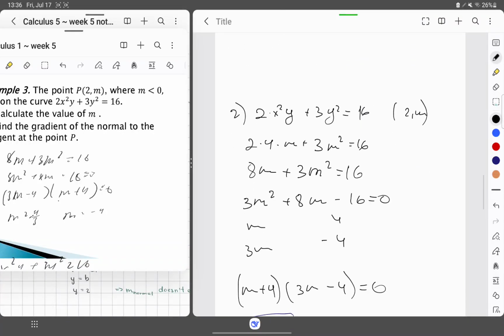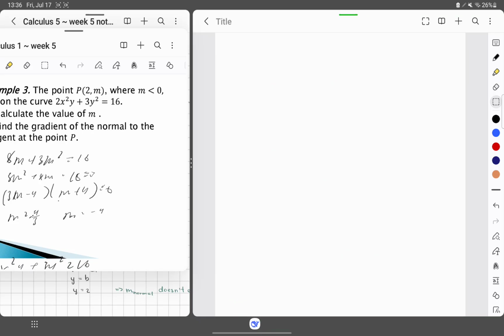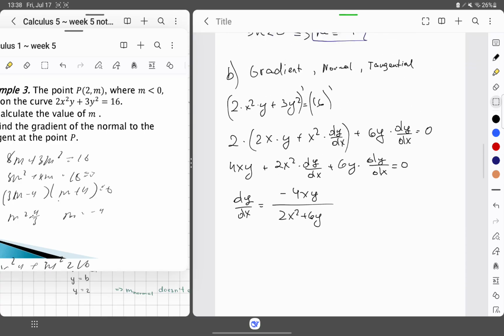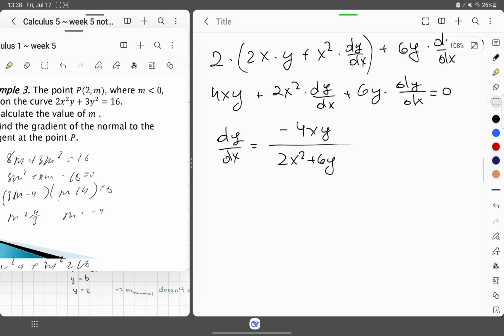Let's delete this one because I forgot. Alright, so dy over dx is negative 4xy over that. That is our gradient. What is gradient? That is our y equals mx plus b. Okay, that is our m.